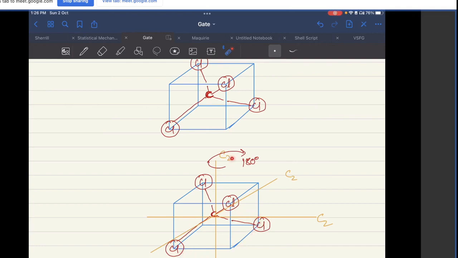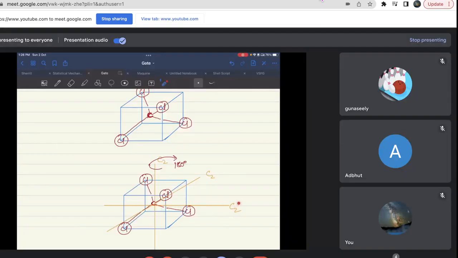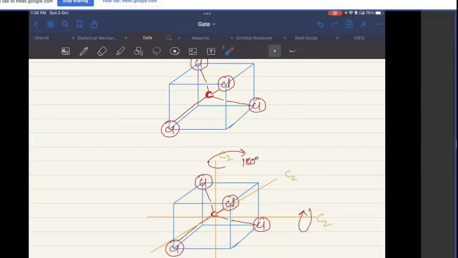So this is one C2 axis I will count, and the next one is here. This is again C2 doing the 180-degree rotation. This Cl will move here, this will move here, and this will come back here. So this is again an indistinguishable structure for C2, and the last axis is here.